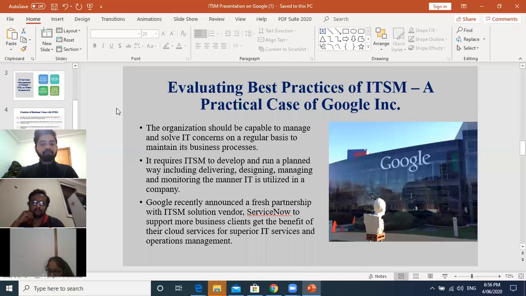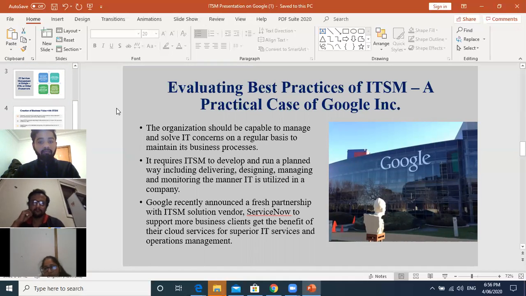And after that, I would like to discuss evaluating best practices of ITSM, a practical case of Google. The organization should be capable to manage and solve IT concerns on a regular basis to maintain its business processes.